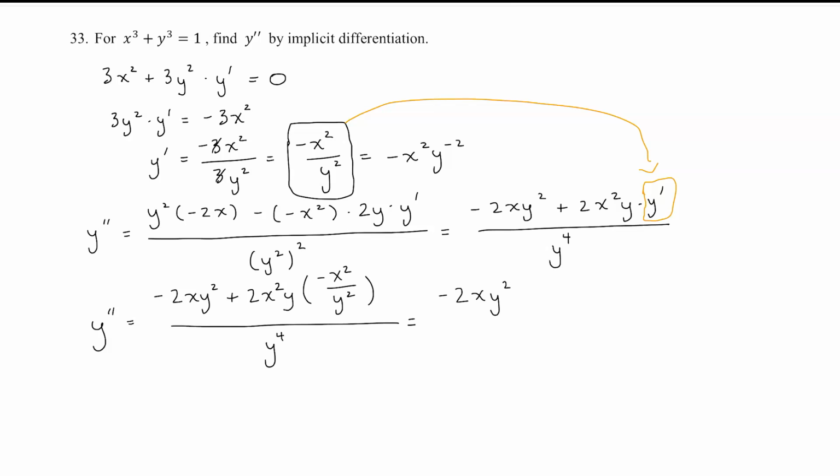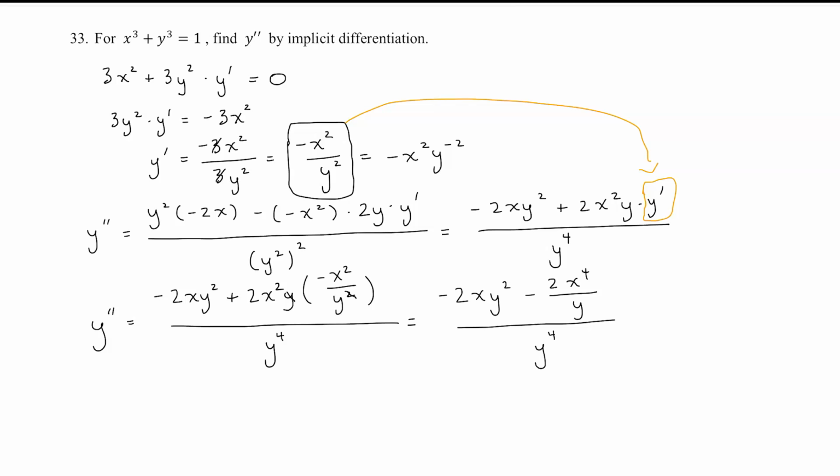Now on this second term, I have an x squared times a negative x squared, and then I have a y that can cancel with one of the y's in the denominator, so that I have negative 2 times x to the fourth over y.